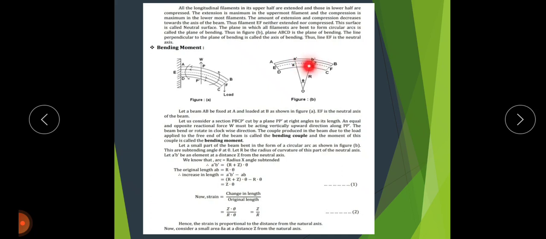This is the circular arc. Let a small part of the beam bent in the form of a circular arc as shown in figure B. This is the subtending angle.